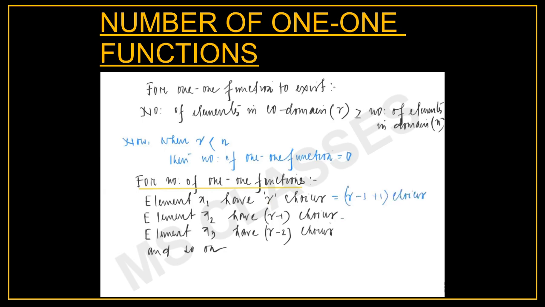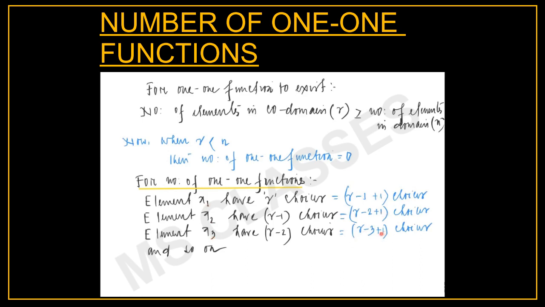For the next one, R minus 1, we can write R minus 2 plus 1 choices. Next one, R minus 3 plus 1 choices. If you observe, for x1 it is R minus 1 plus 1, for x2 R minus 2 plus 1, for x3 R minus 3 plus 1.